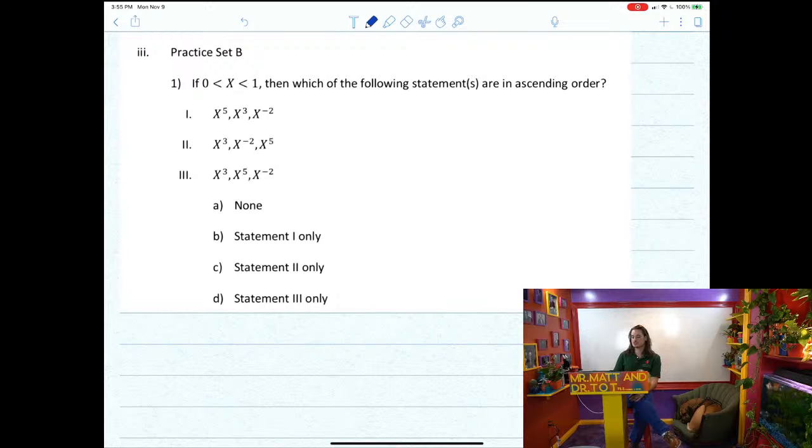Statement 2 says x to the 3rd, x, comma x to the negative 2 power, comma x to the 5th. And statement 3 says x to the 3rd, comma x to the 5th, comma x to the negative 2 power. Answer selection A is none, B is statement 1 only, C is statement 2 only, and D is statement 3 only. I'll give you 3 minutes and then I'll give you the solution.